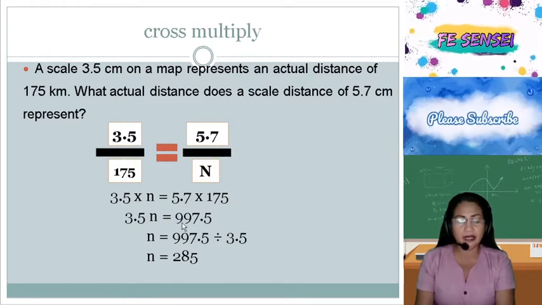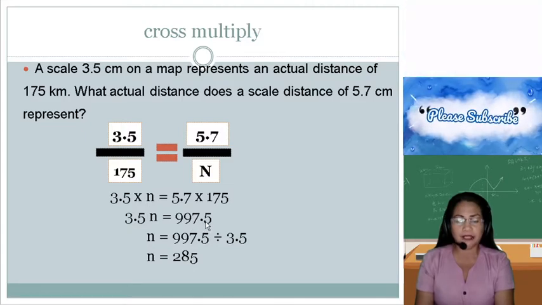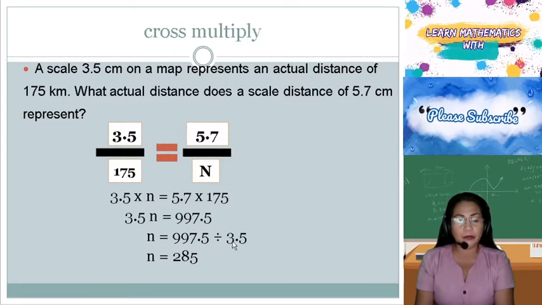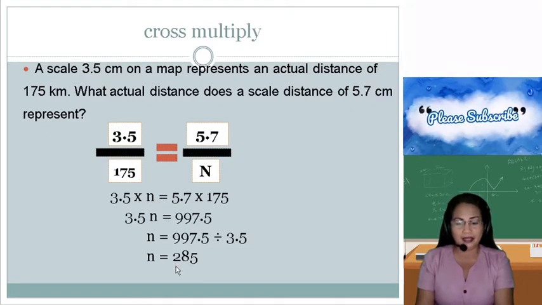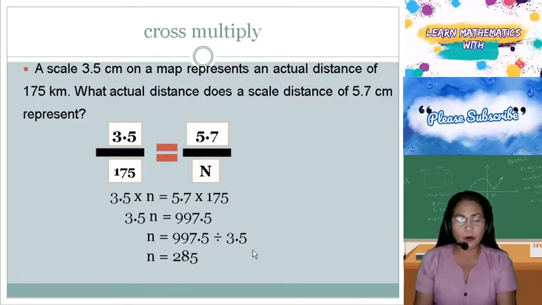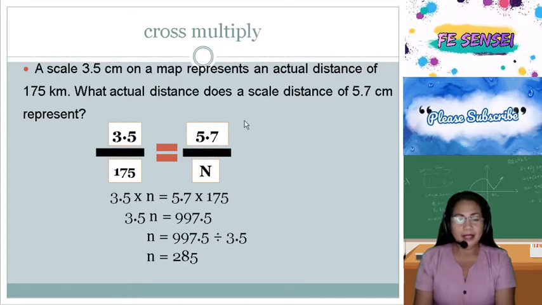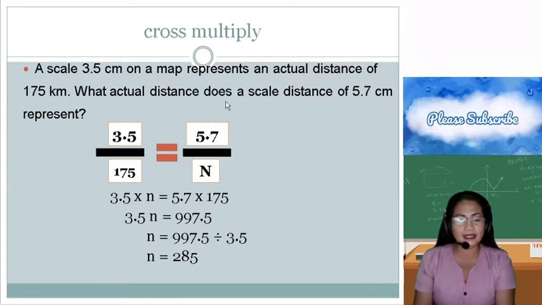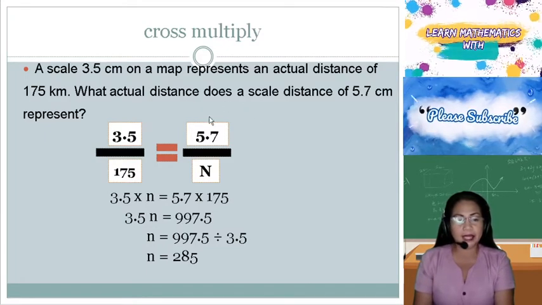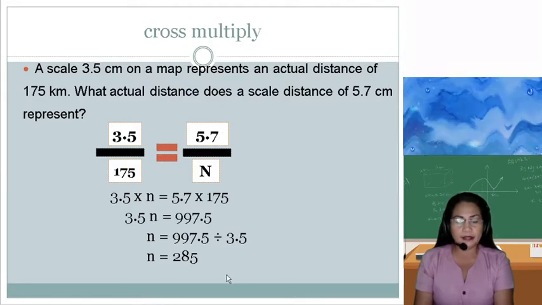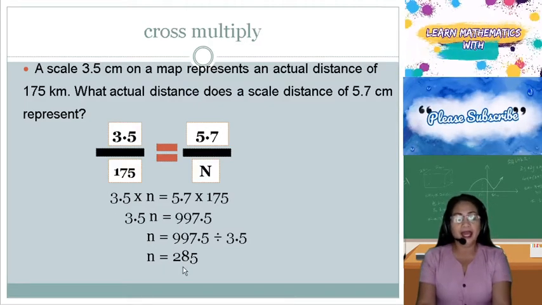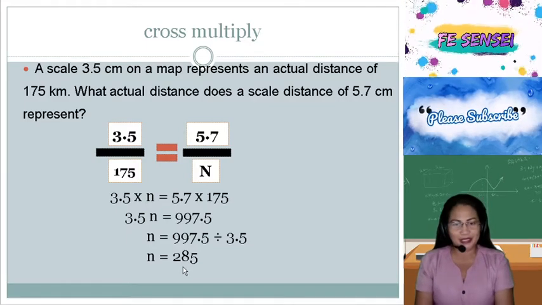And 997 and 5 tenths divided by 3 and 5 tenths equals 285. Therefore, the actual distance of the scale 5 and 7 tenths centimeter represents 285 kilometers.